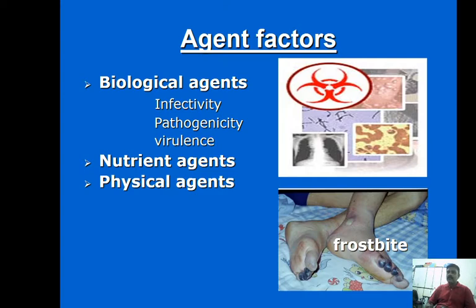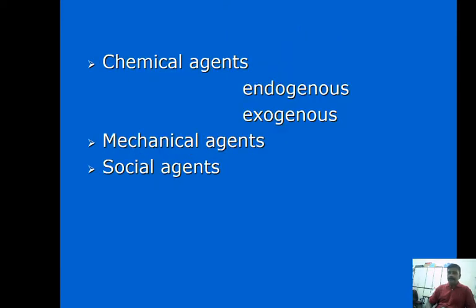Physical agents can be in terms of temperature. Chemical agents can be endogenous or exogenous. Something which is internal is endogenous, like fluorosis. Exogenous is when you come in contact with some of the chemicals.